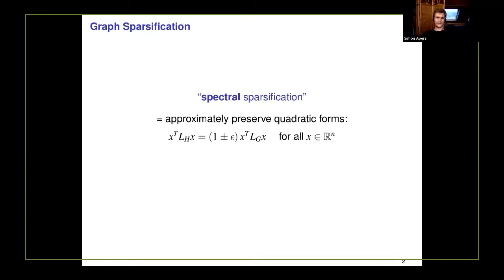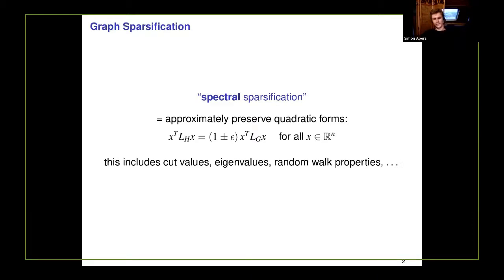We want to find a sparser H such that the quadratic forms in H approximate those of G. Why would we be interested in these quadratic forms? Because they include things like cut values, eigenvalues, random walk properties, and so on. Since we preserve cut values, we also preserve things like connected components, which stresses how spectral sparsification is a more intricate form than, say, constructing a spanning tree.